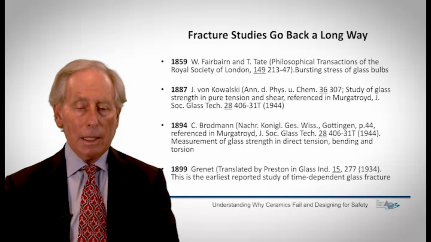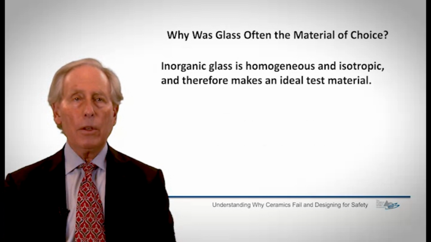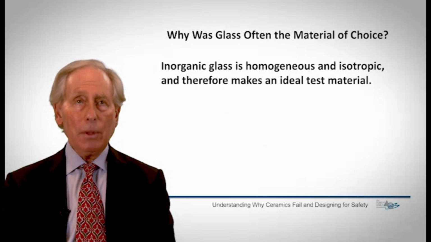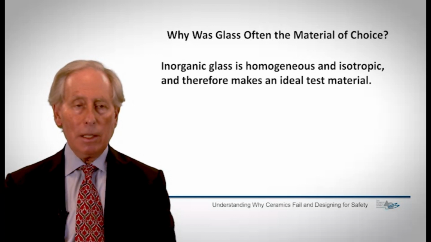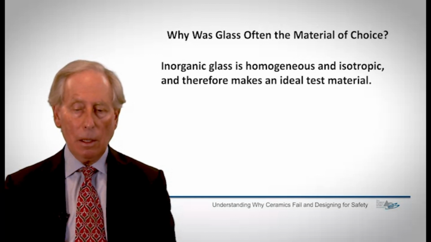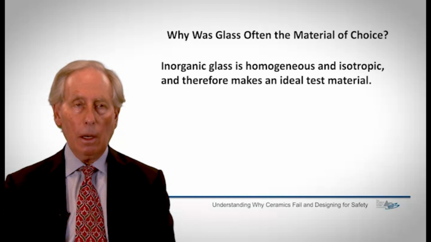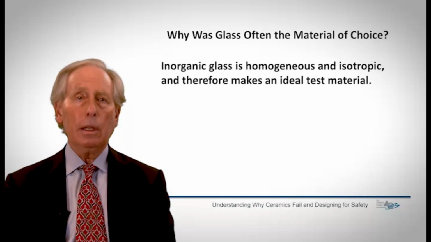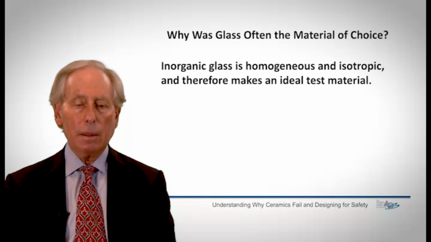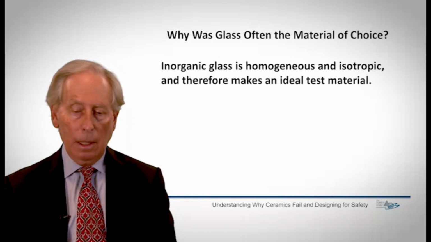And why glasses? Well, glass is both homogeneous and isotropic. We don't have to worry about microstructure, which we're going to talk about later. And so it makes an ideal test material. It was easy to make glasses, and so there's a lot of work in the literature on glass as the material of choice to investigate the mechanism of brittle failure.